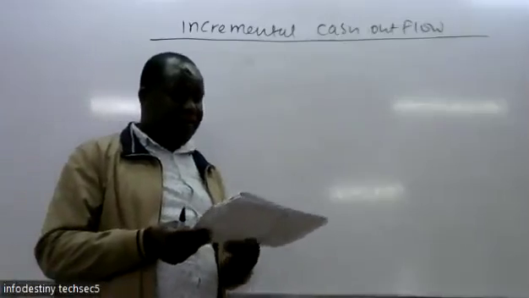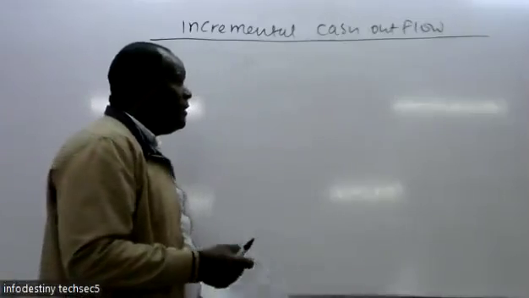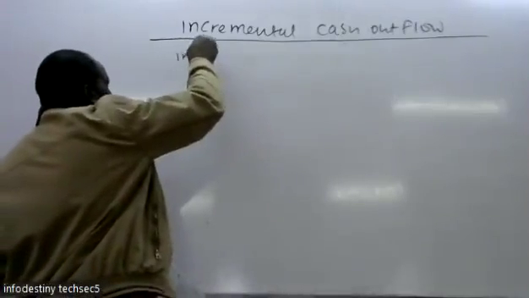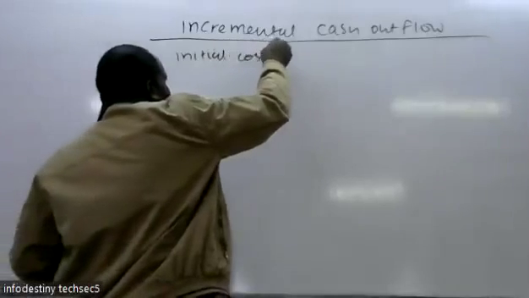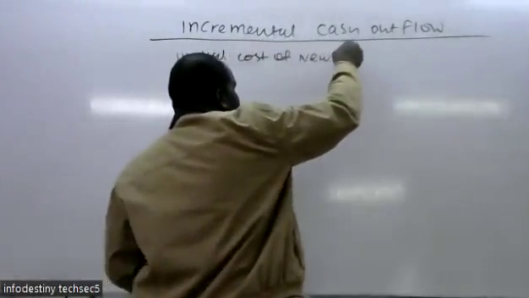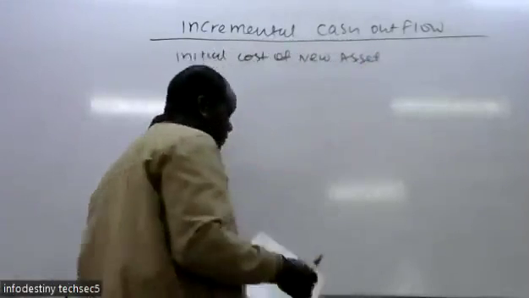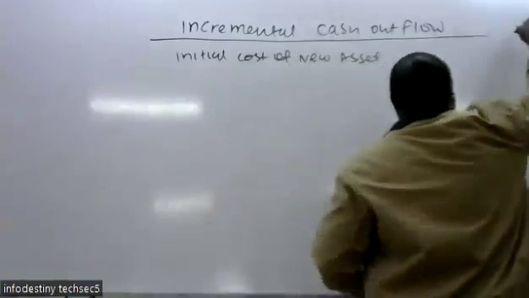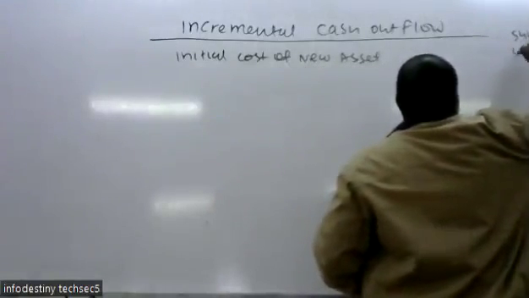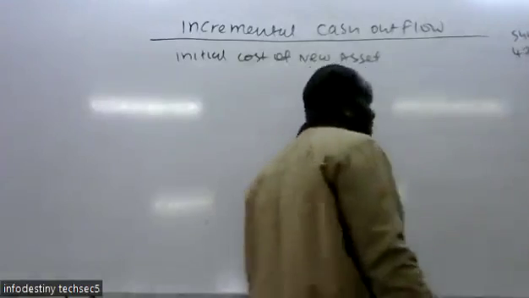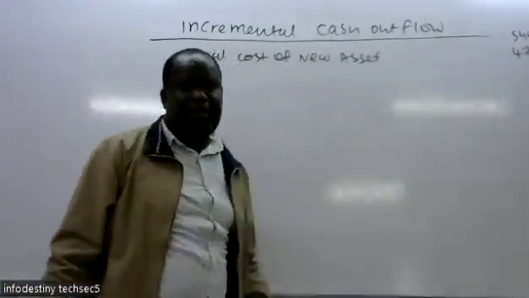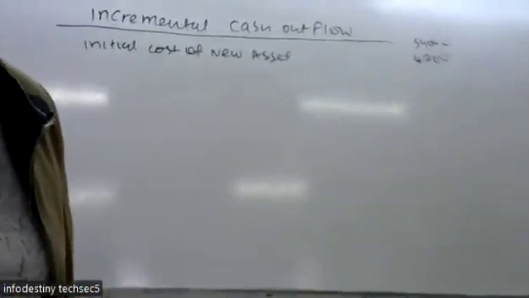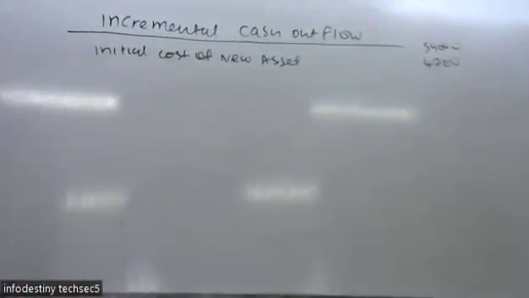So we start with the initial cost of the new asset. That figure has been given as 4.7 million.